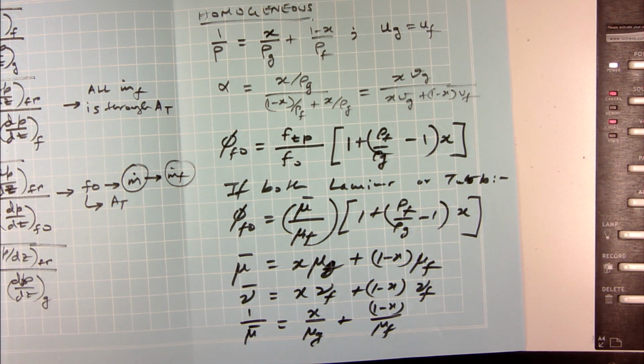All right. Now, if you have two different flow regimes, one laminar and one turbulent, then life gets a little more complicated. Then this simple derivation does not hold, and in a situation like that, people end up using a Martinelli correlation.